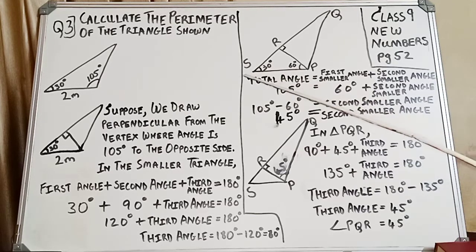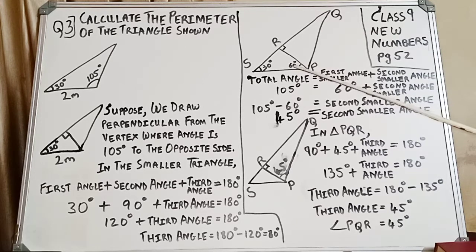If we mark the points, the total angle SPQ is 105, and the small angle SPR we have got as 60 degree. So what would be RPQ? That would be the total angle SPQ minus this 60 degree.